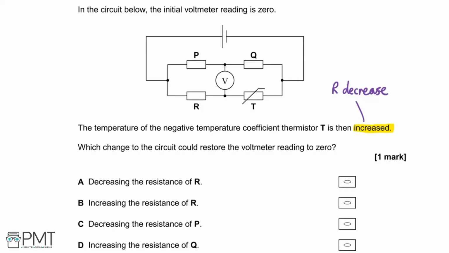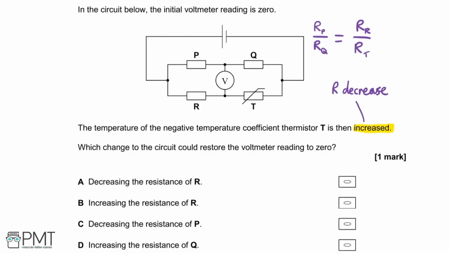Now, this kind of circuit is what we call a Wheatstone bridge. And in that type of circuit, the ratio of the top resistances is equal to the ratio of the bottom resistances. So if we just put that into equation form. So what we're doing by decreasing the resistance of thermistor T is we're increasing the value of the denominator on the right-hand side fraction.